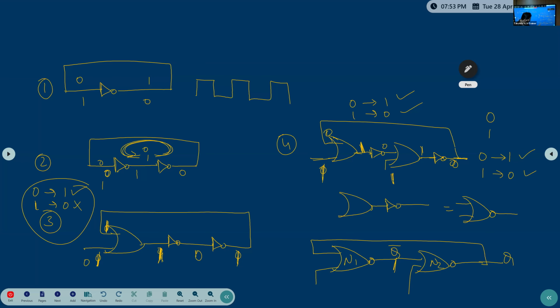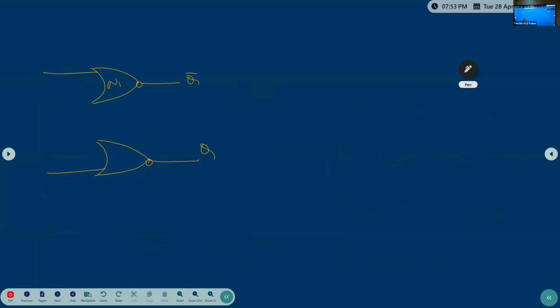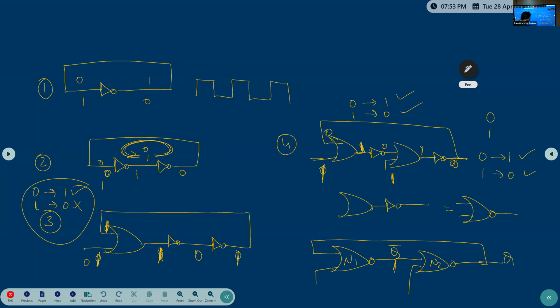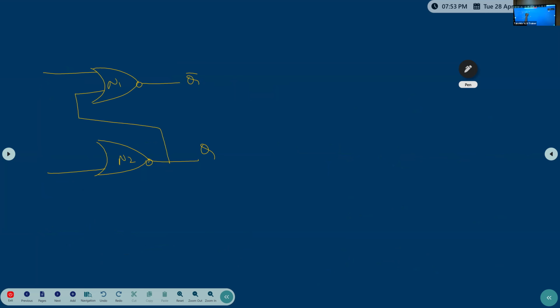So NOR gate 1, one more input is connected to Q. NOR gate 2, one more input is connected to Q bar. Yes or no? Q bar. So this is only the SR latch.